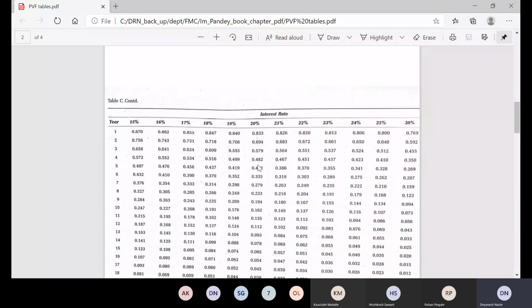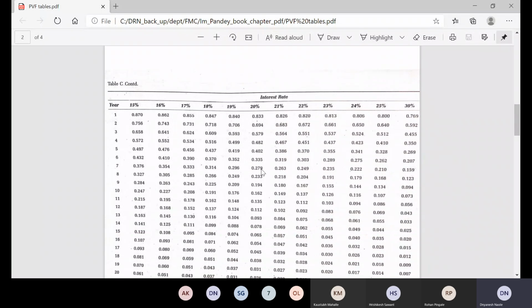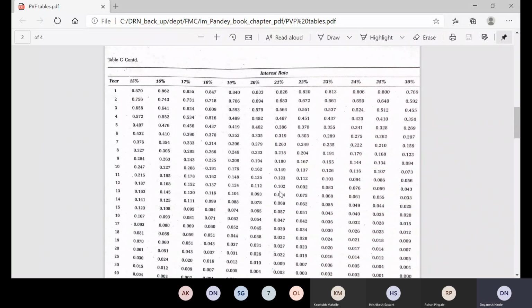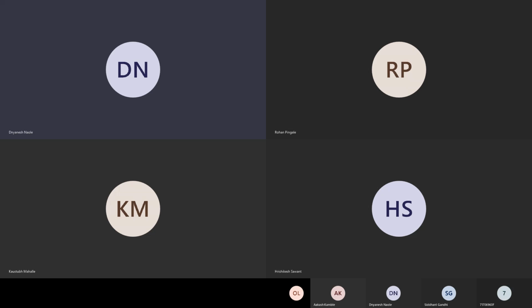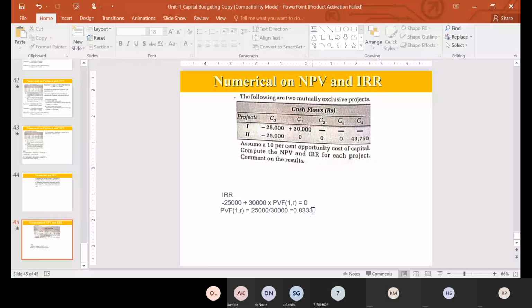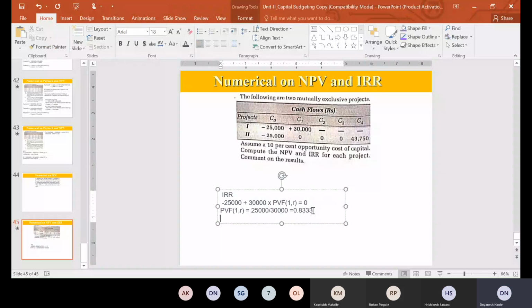Okay, are you able to see here? समझ में आया ना आप लोगों को? Yes, sir. So the R will be small r, 20%. Internal rate of return will be 20% in the first case.